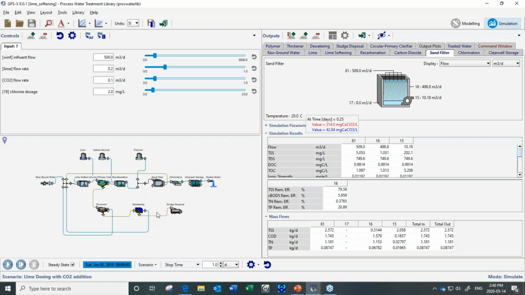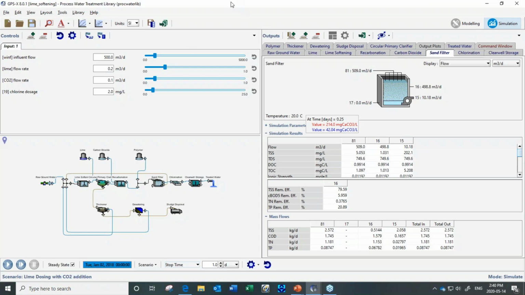Sometimes it is very difficult to get all this data from the plant because you can't really take all the samples and analyze them. So this is probably the best way to get an idea about what is the quality that you have at a given point in your system. So you can do all of those kinds of simulations using this particular tool.